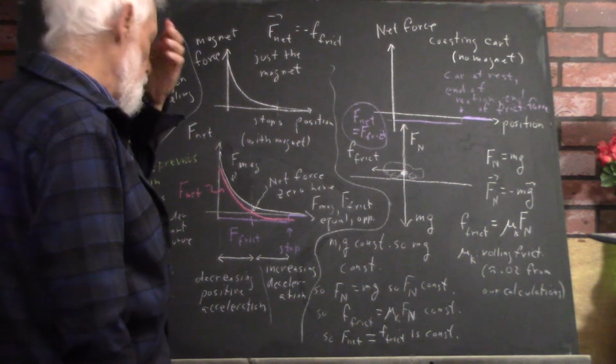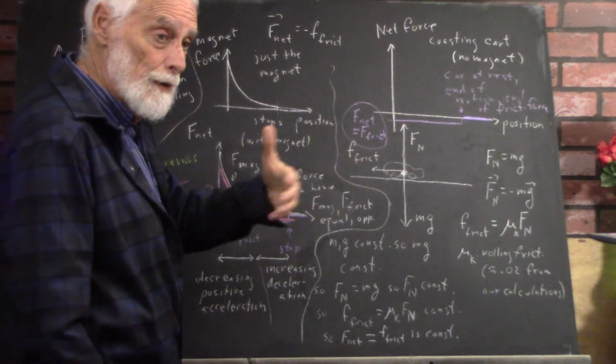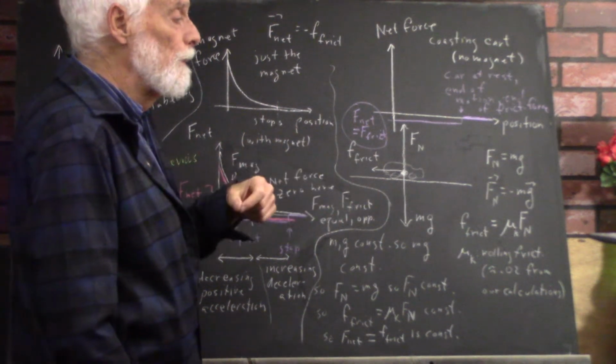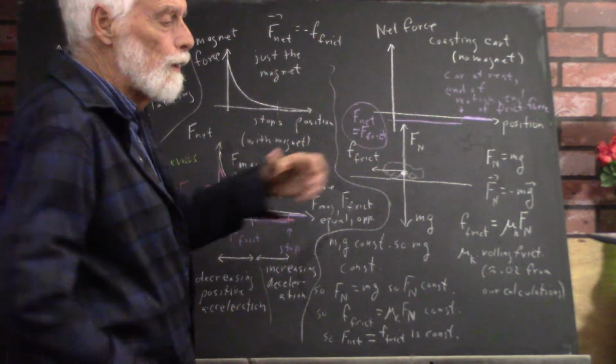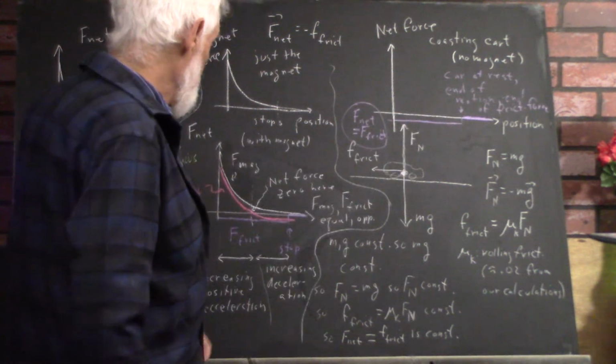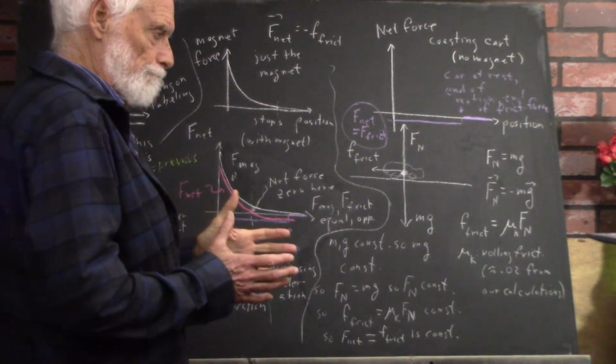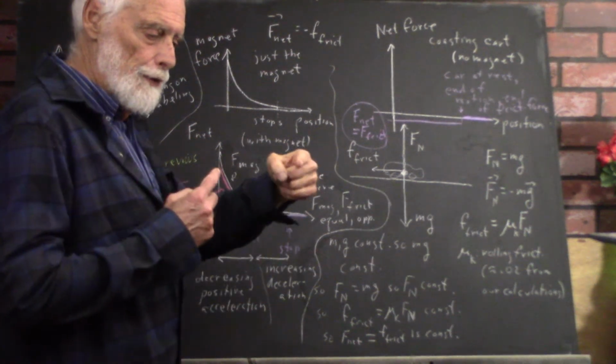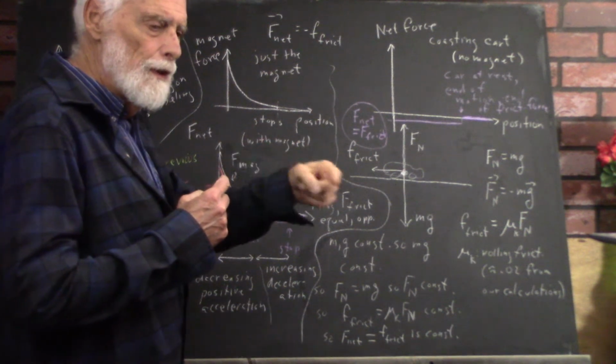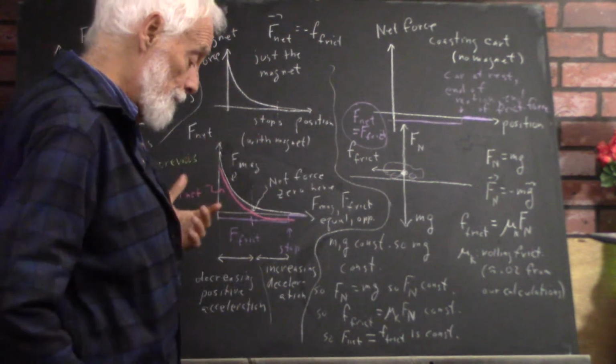Now, it's not totally negligible at the distance the car moves. When the car moves a pretty long distance, it pretty much becomes negligible. But if you just have a run about this long, there's still a magnetic force of some significance.